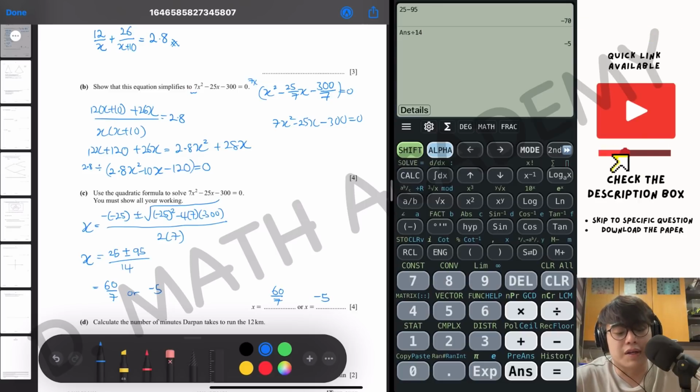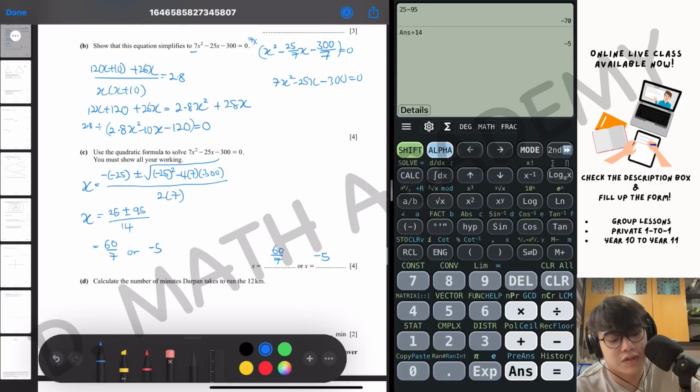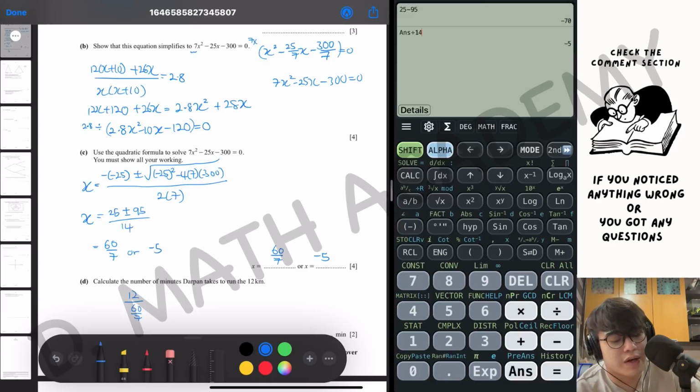Okay, but kindly take note, speed will never be negative. That's why for it to run the 12 kilometers, we have to take 60 over 7 here as your x.